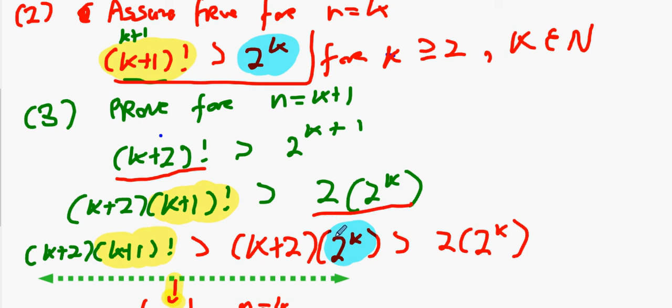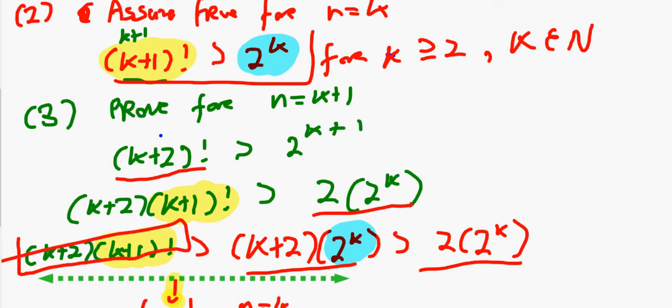I'm saying (k plus 2) times the yellow number is definitely bigger than (k plus 2) times the blue number, because the yellow number is bigger than the blue number, assumed in part 2. Therefore, if I prove that this middle part is bigger than 2 by 2^k, it has to mean that this part here is also bigger than it. That's the logic involved. I'm going to stop and we'll have a discussion here about this.